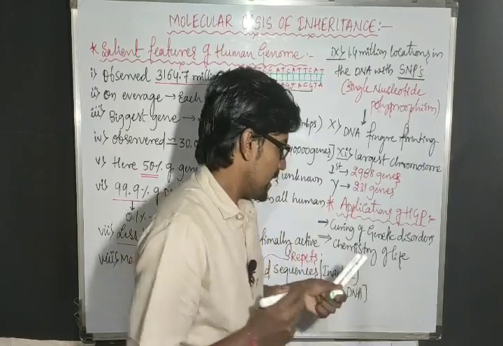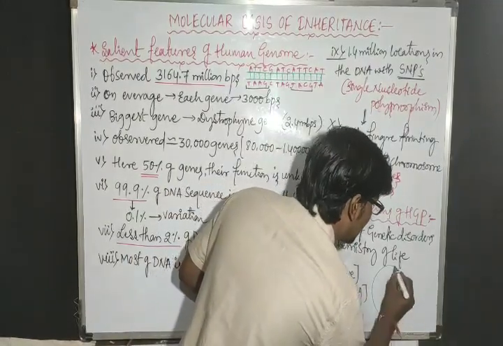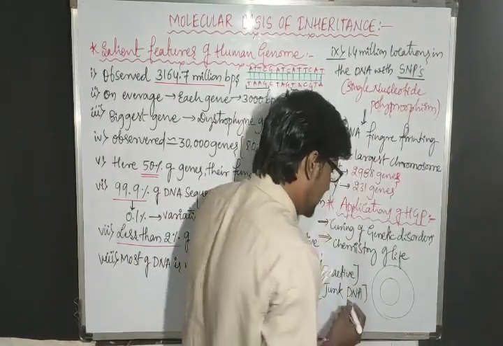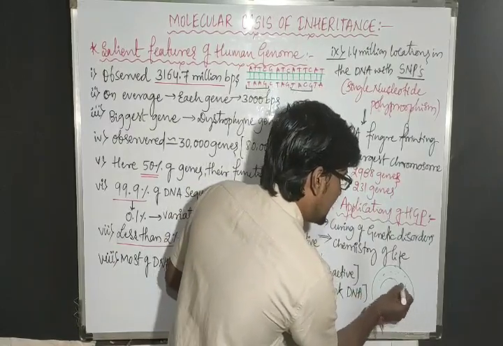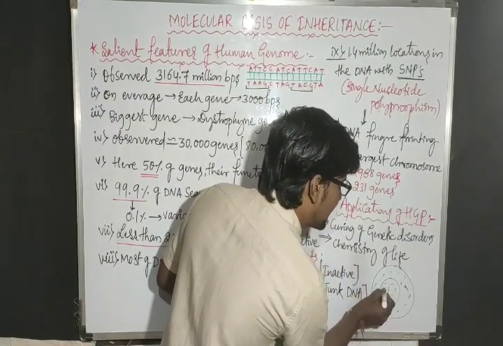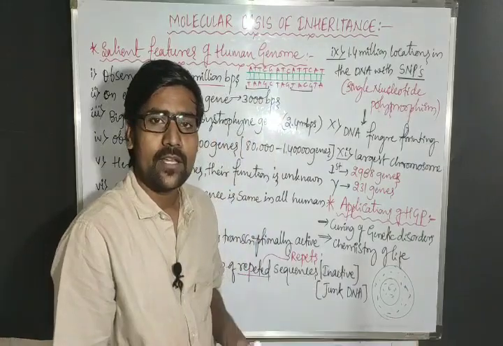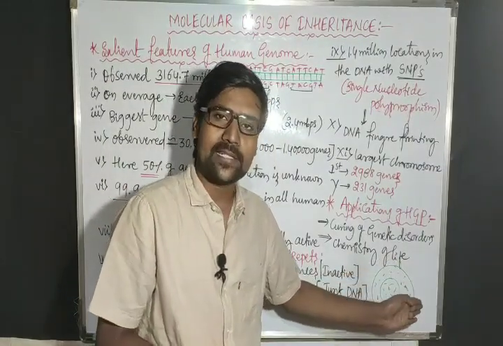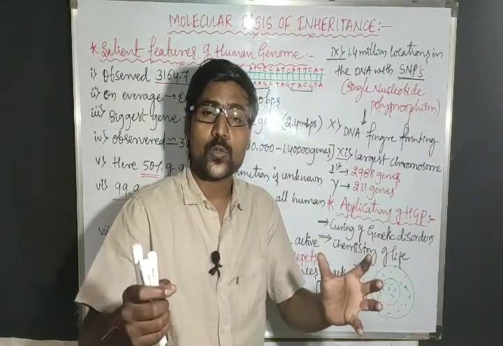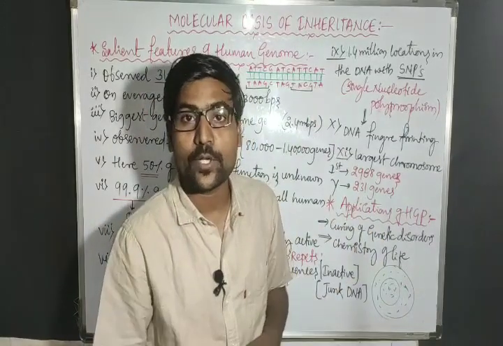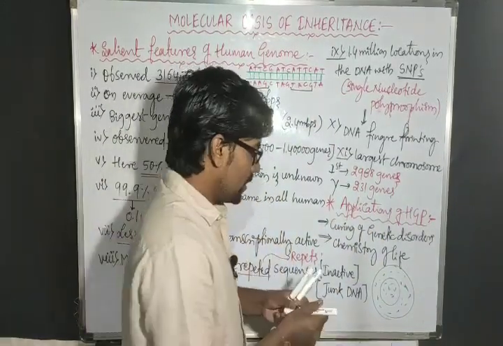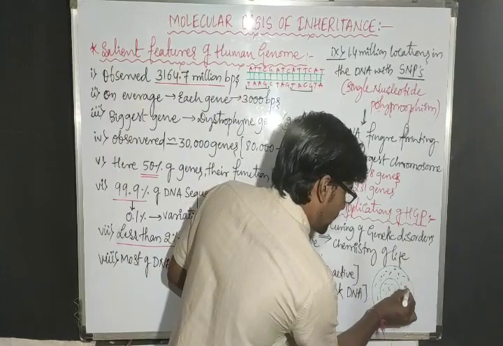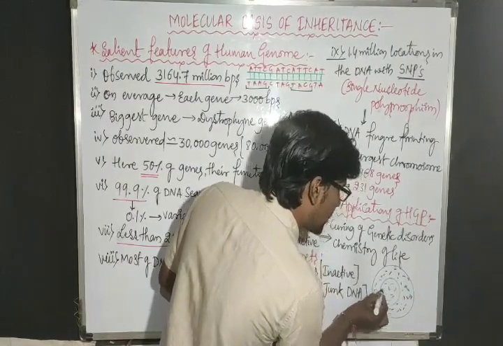See here, if I consider a cell, in the cell it has the cytoplasm and inside it has the nucleoplasm. Cytoplasm and nucleoplasm have thousands, millions of chemicals, biomolecules. So many chemicals are present here right now, right?